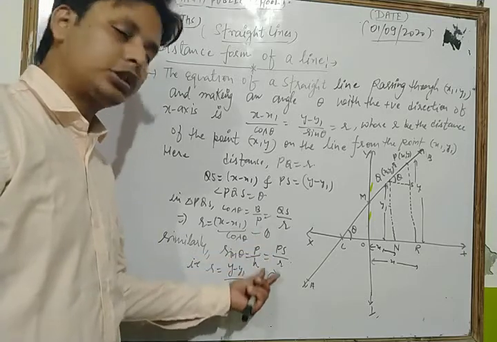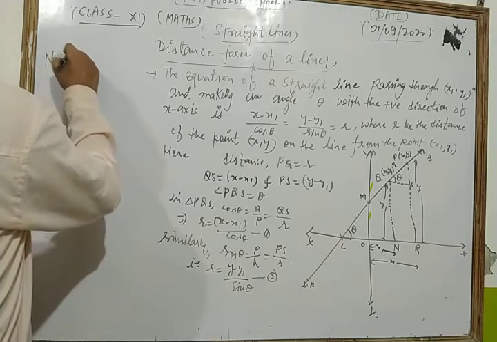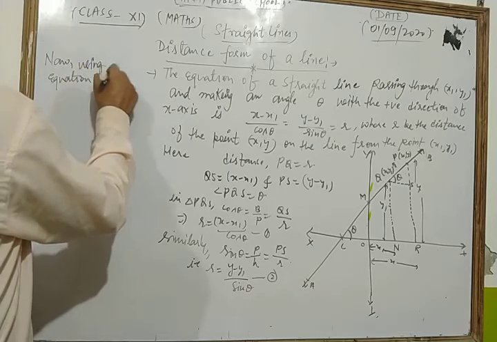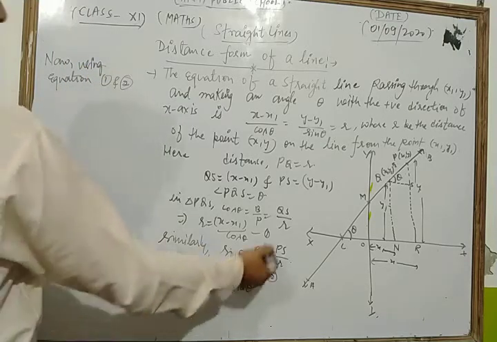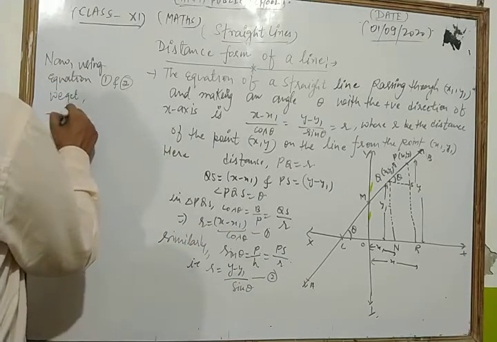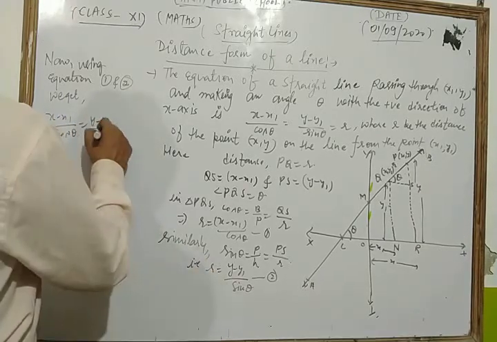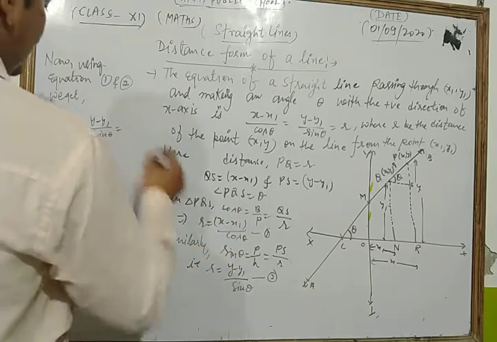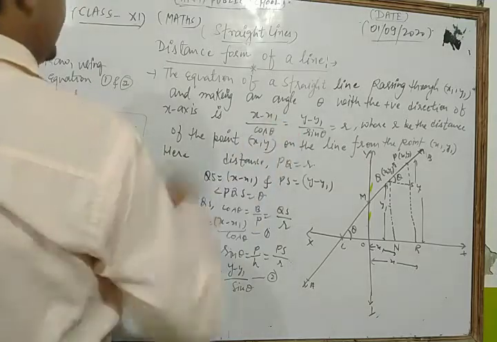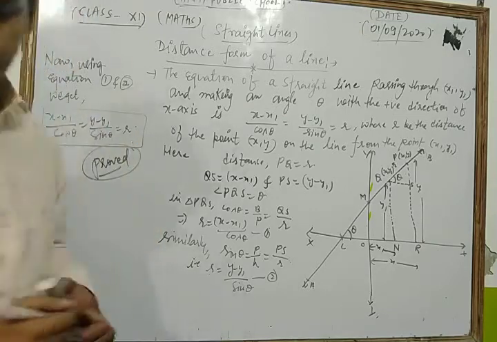Now using equation 1 and 2, we get x minus x1 upon cos theta is equal to y minus y1 upon sin theta is equal to r. Hence proved our result.